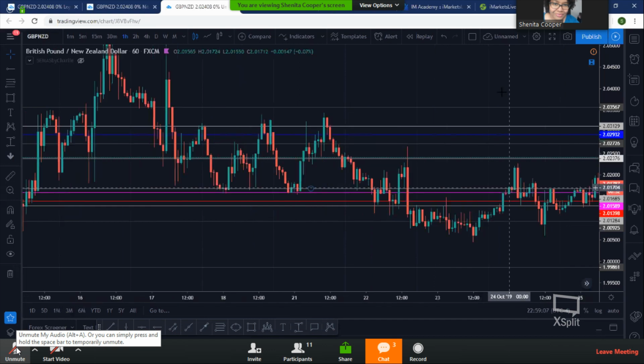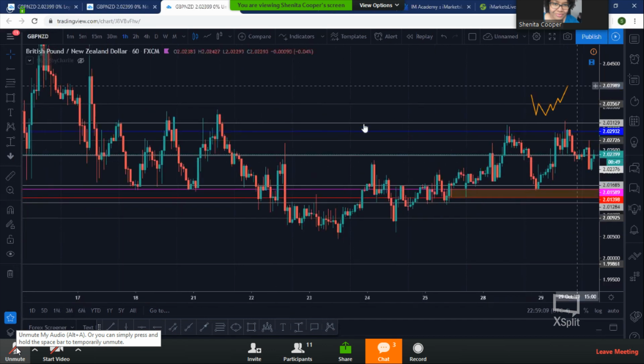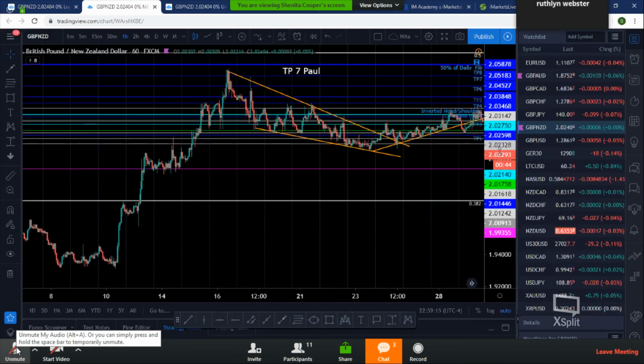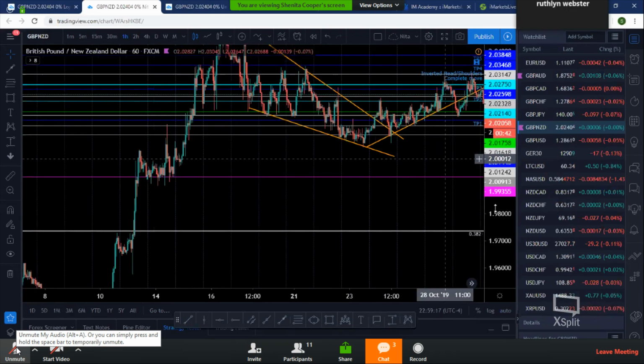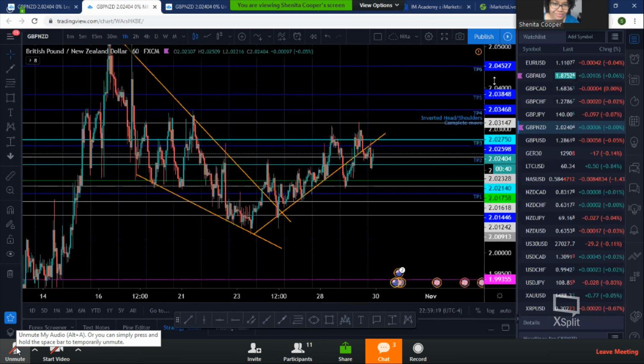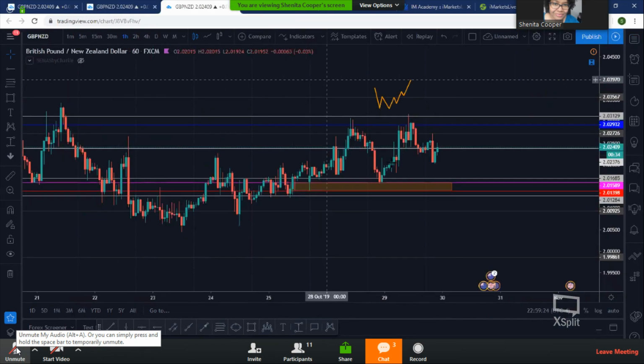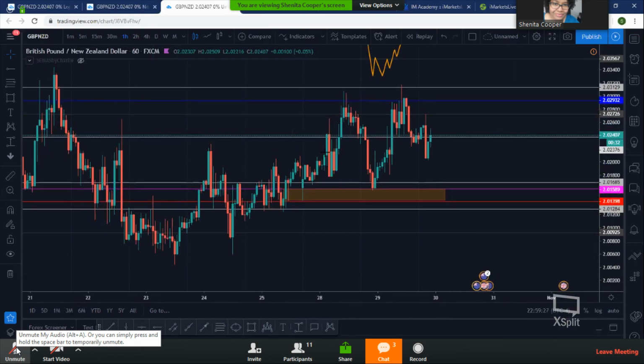I've been training all day long too, but I go to a cleaner chart and look at it because I can't look at this mess until it's time for me to hit my take profits, and then I just plug my take profits in. But I can't see what price is doing, so I have to go to a clean chart. This is the one that we just went through, but I just have to go to a clean chart and look at it.